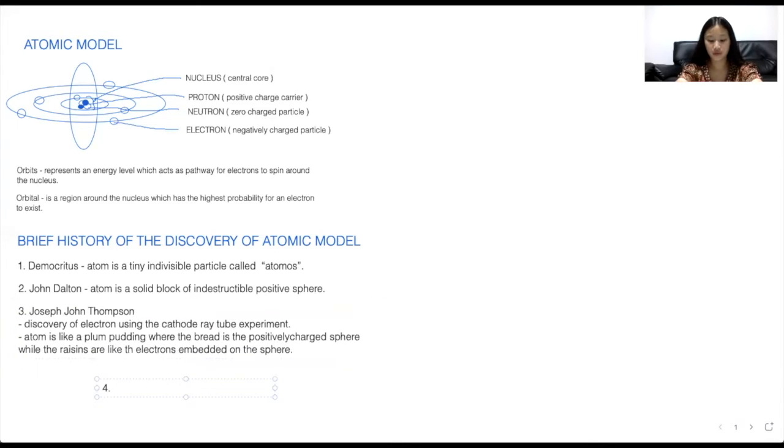For the fourth person, we have Ernest Rutherford. Ernest Rutherford is the person behind the discovery of the proton and the discovery of the nucleus. Also, he discovered that an atom is mostly empty space.